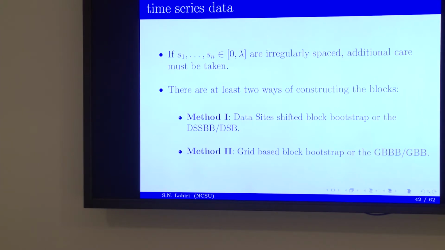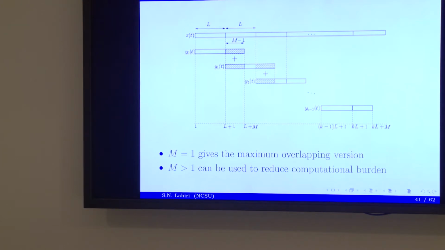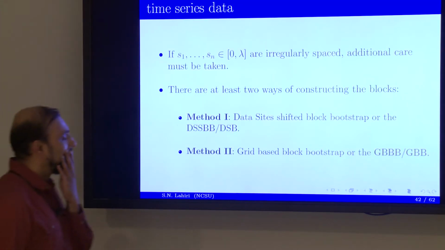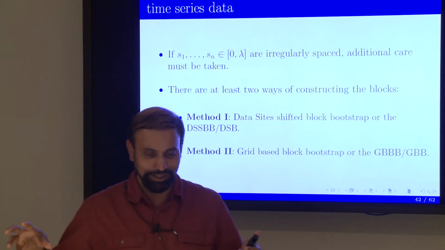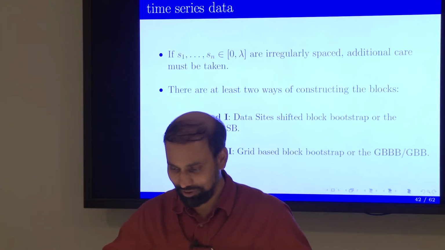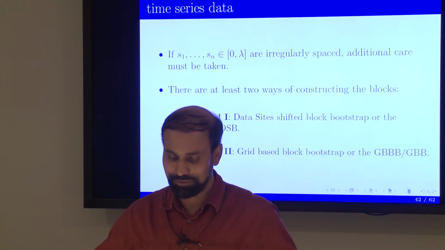Okay. So the construction is, you're right, this construction is for when evenly spaced, with evenly spaced data points. Now you have points essentially distributed non-uniformly over the whole interval 0 to lambda.